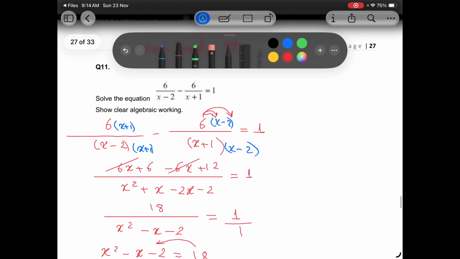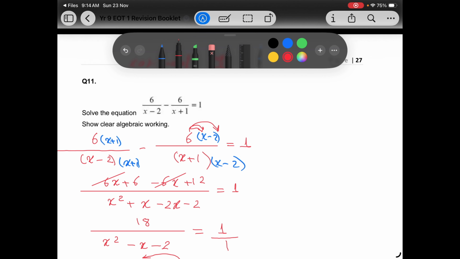So I will write the solutions here, so it will be easy to manage. x equals 5 and x equals minus 4. Replace 5 here.